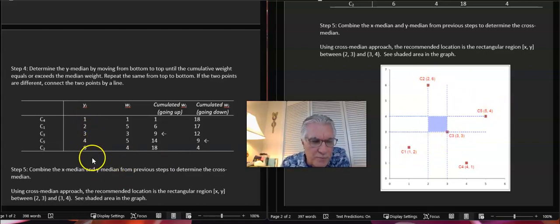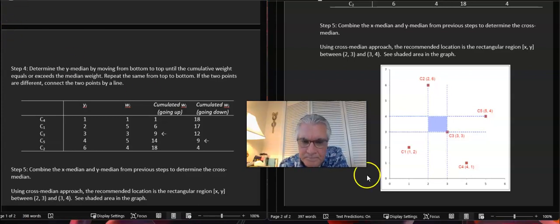And then, of course, you pull the demand weighting based on C4, 1, 3, 5, and 2. So then you're going up the scale from y equals 0. And you're cumulatively coming across each y number, and you're adding the weighting as you go.